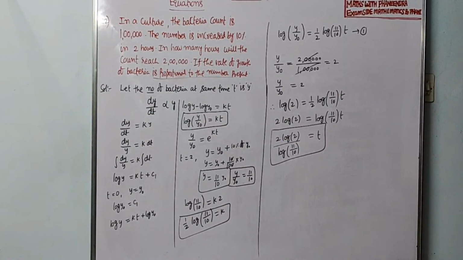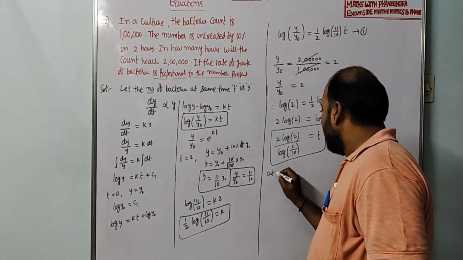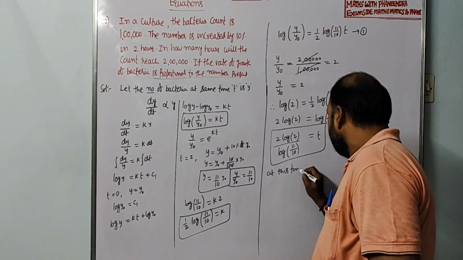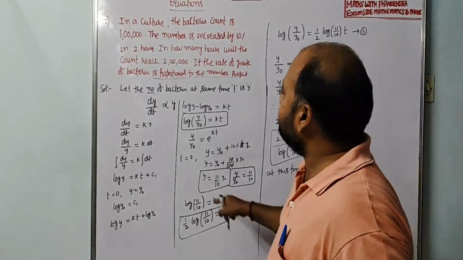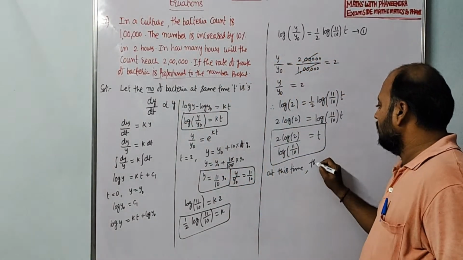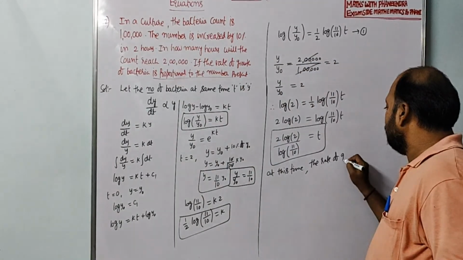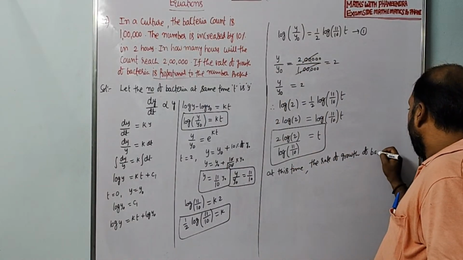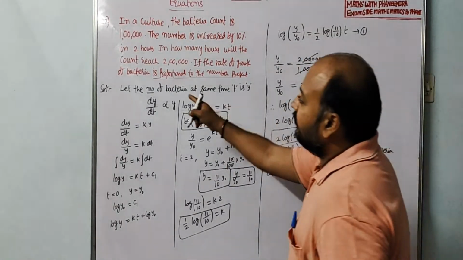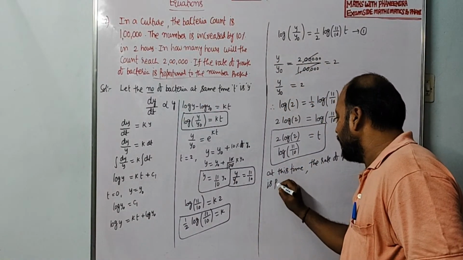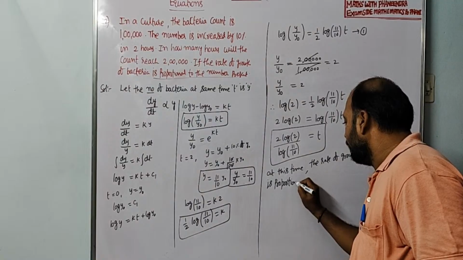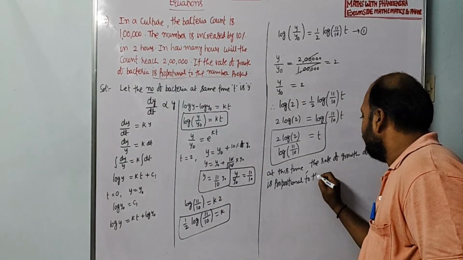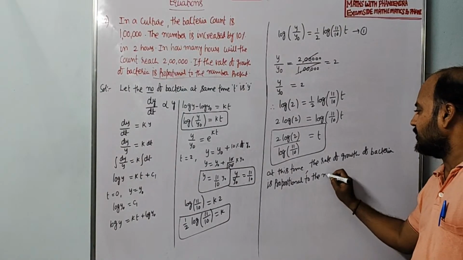Once I will check that answer, students, whether it is correct or not. Yes, absolutely it is correct. At this time, we just have to write the conclusion. At this time, the rate of growth of bacteria is proportional to the number present.